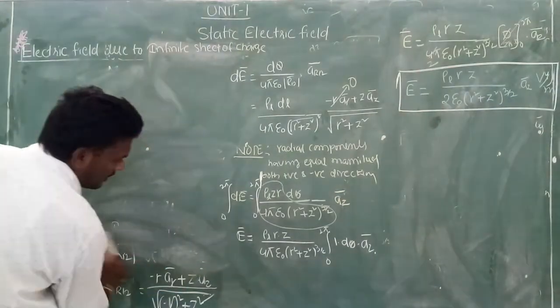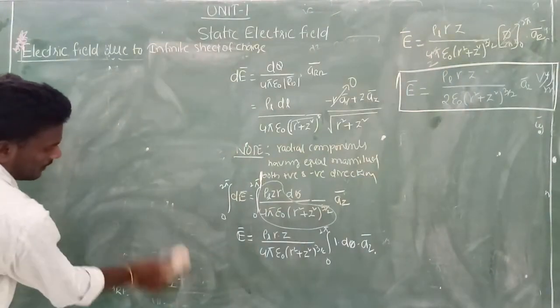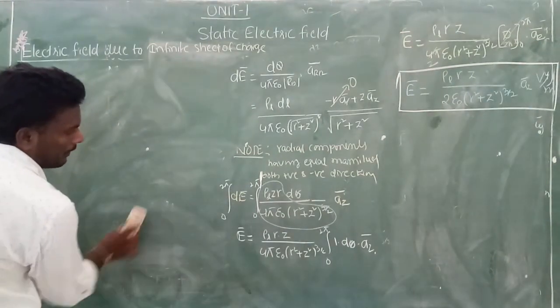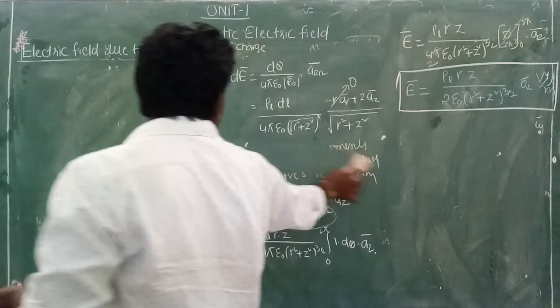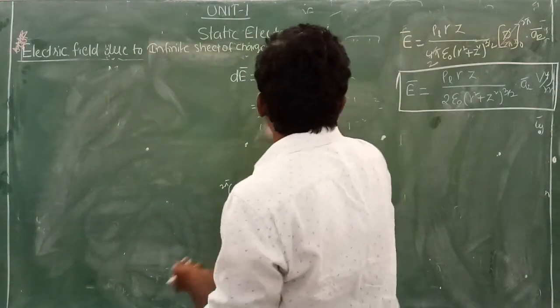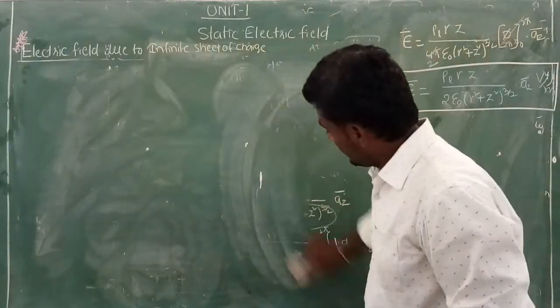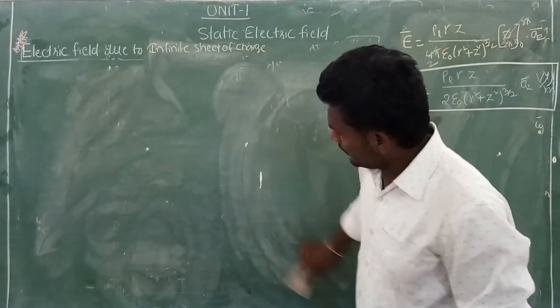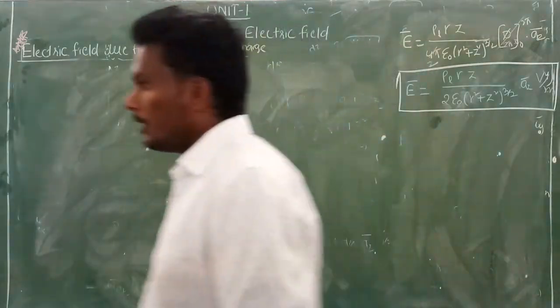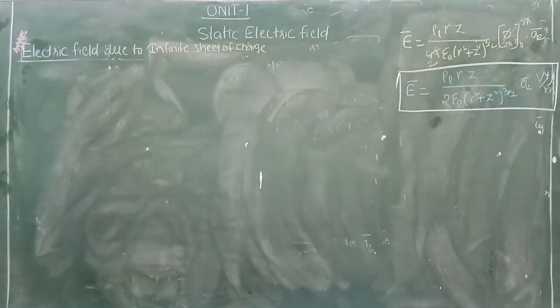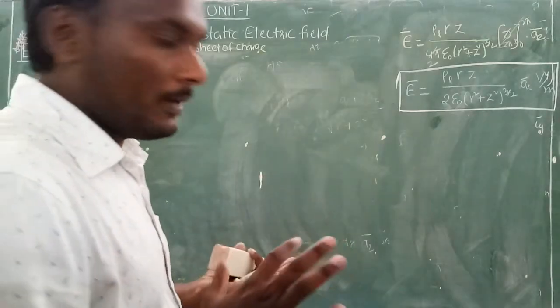An infinite sheet of charge is nothing but a sheet that doesn't have finite length and breadth, no finite area. That means it has minus infinity to plus infinity length, and minus infinity to plus infinity breadth.